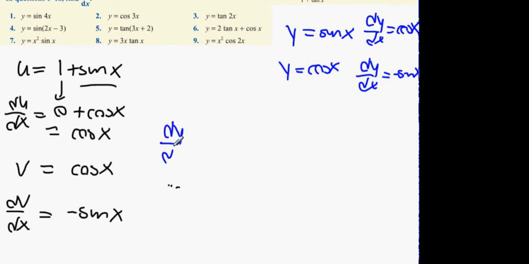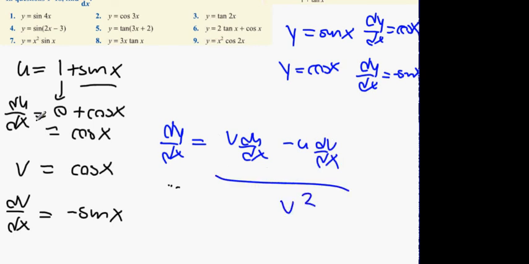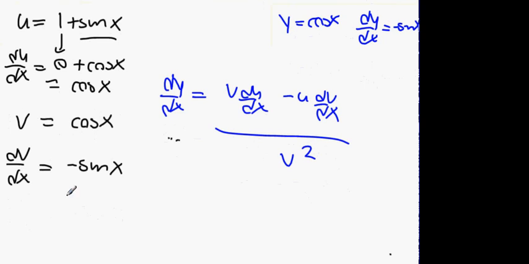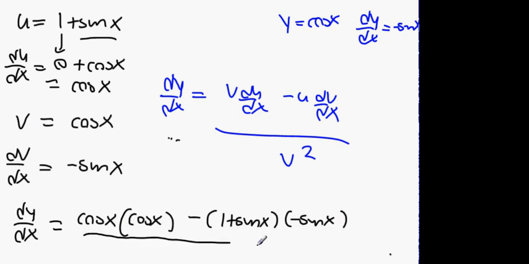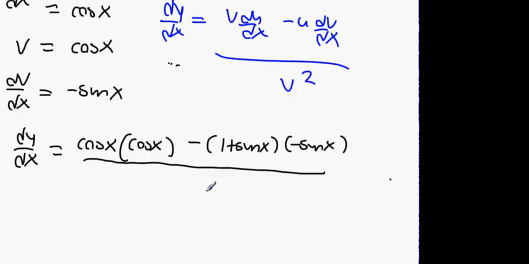Next part, quotient drill it. dy/dx ends up to be v times du/dx minus u times dv/dx, all over v squared. Okay? So what we're going to get is this. dy/dx ends up to be v, which is cos x, times du/dx, which is cos x, minus u, which is 1 plus sine x, multiplied by minus sine x, all over v squared. v squared is going to be cos squared x.